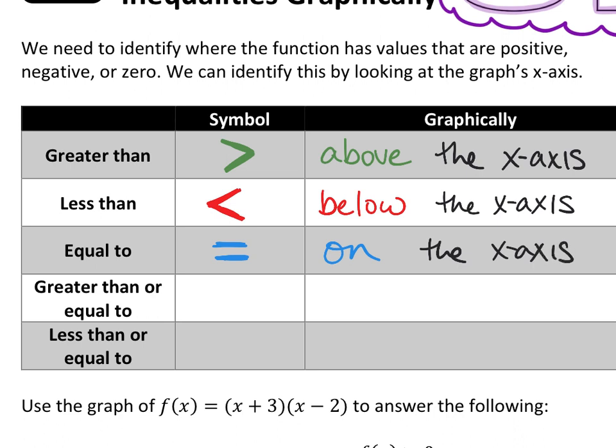If we have the symbol greater than or equal to, it's like we're combining my green symbol and my blue symbol, which is exactly how I'm going to write it. Greater than or equal to. This means graphically, what I'm looking for is where the graph shows up above or on the x-axis.